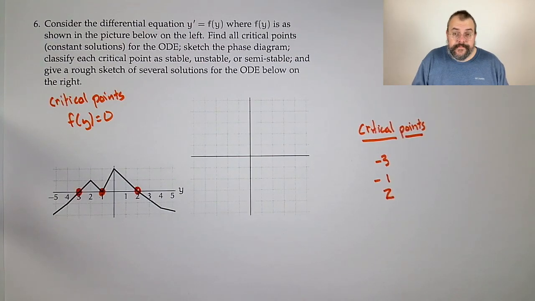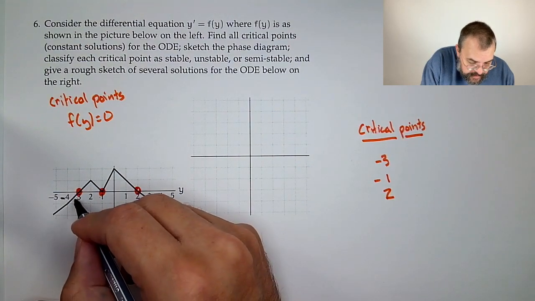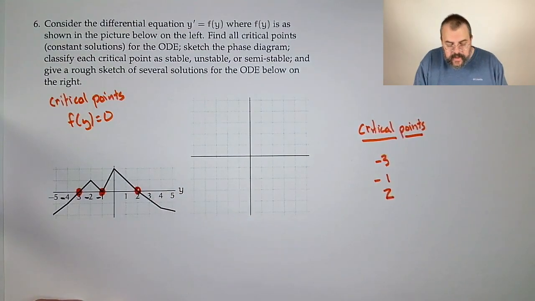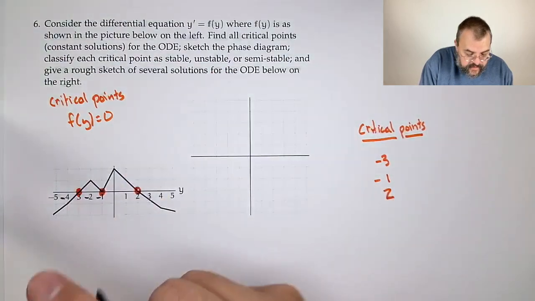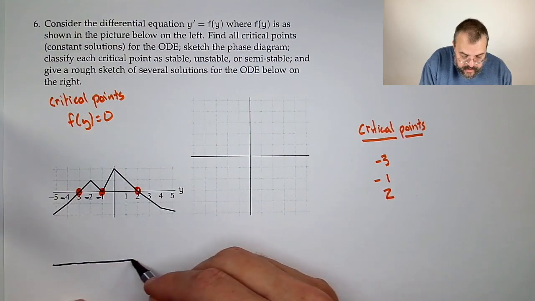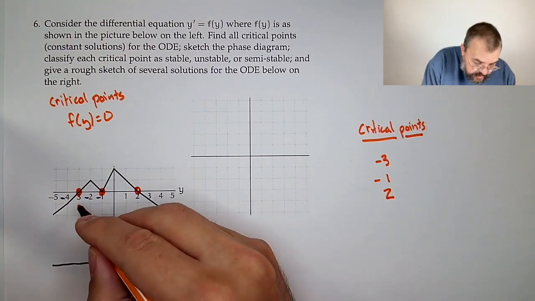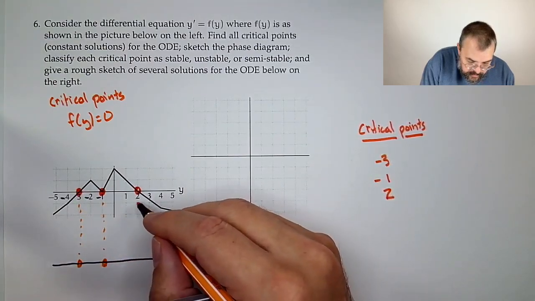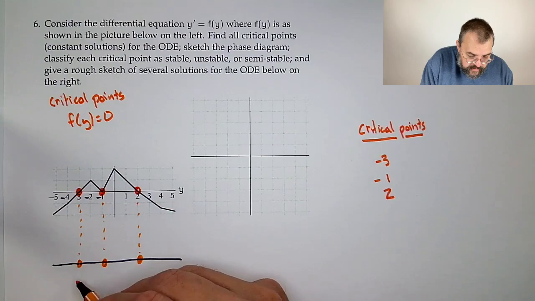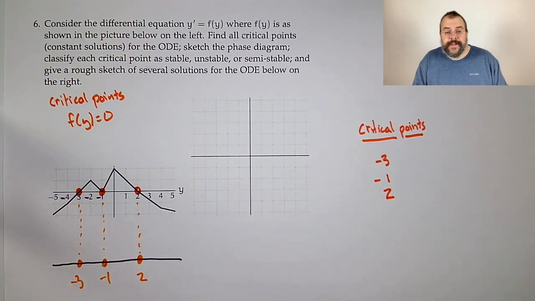Now, next up. I should say the minuses don't show up very well here, but that's okay. Next up, we want to do the phase diagram. And actually, we can just come here, say, okay, so here's our phase diagram, and we can just go straight down. So we have our -3, -1, and our 2. So how do we do the phase diagram?